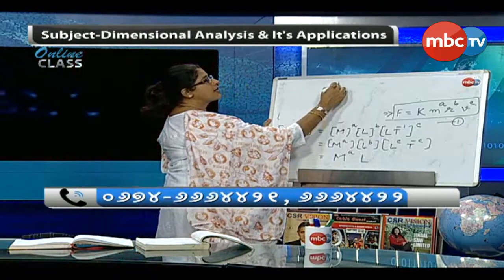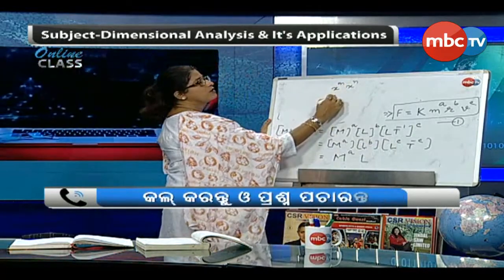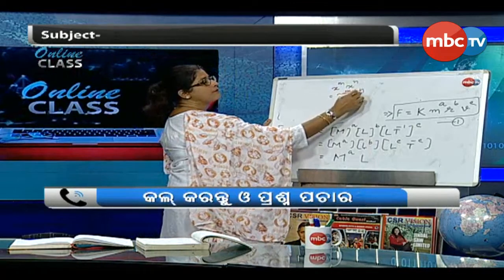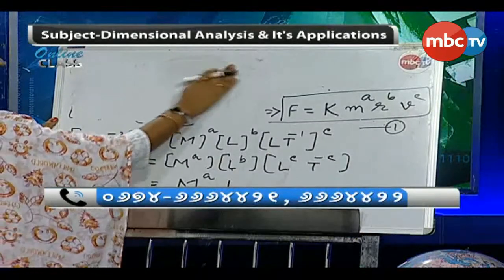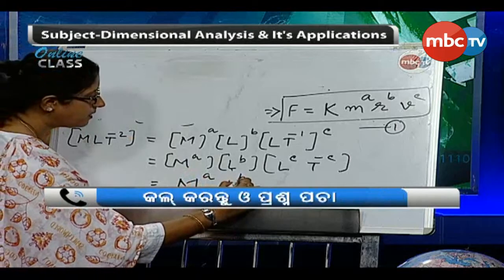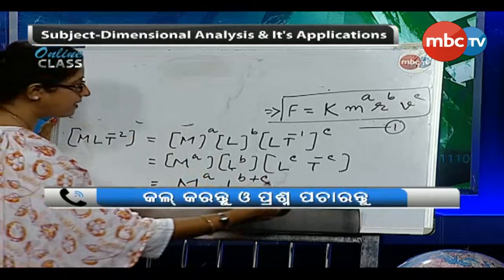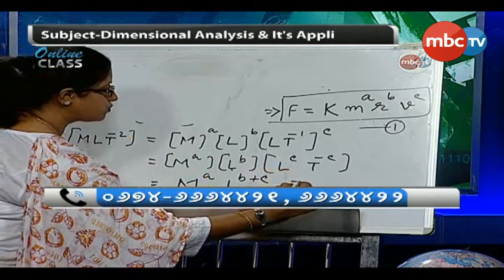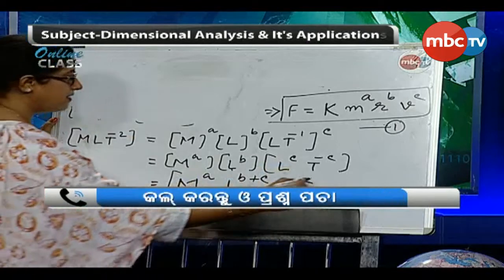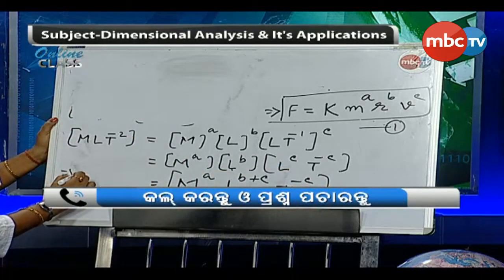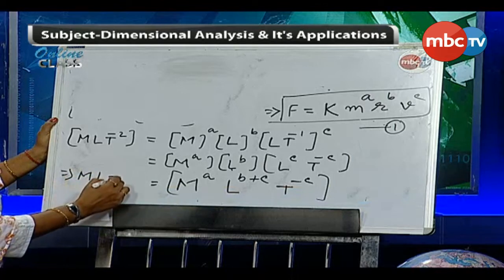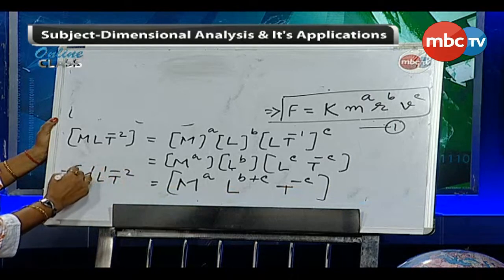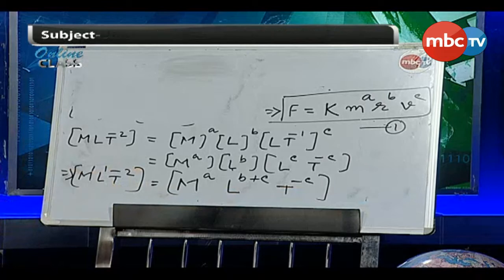So x to the power m into x to the power n, what will be written? x to the power m plus n. The same way, L to the power b plus c, then T raised to minus c. Clear? On the left hand side, it is M L T minus 2, that is exponents 1, 1, minus 2.